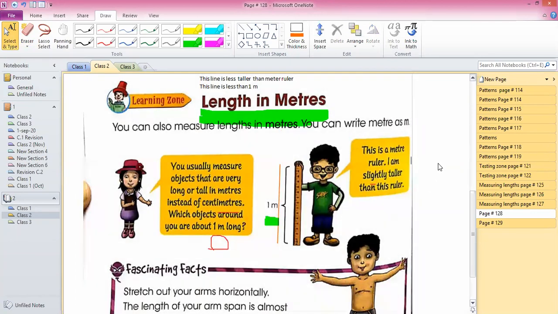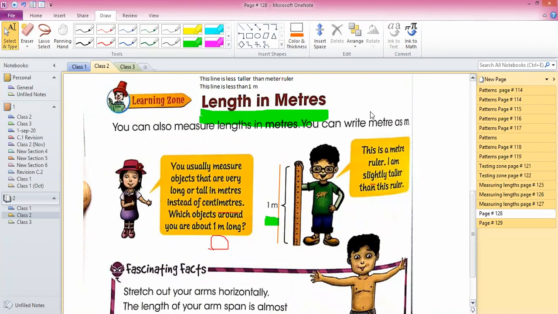Guys, now check the length of the line and tell me: this line is dash than 1 meter.